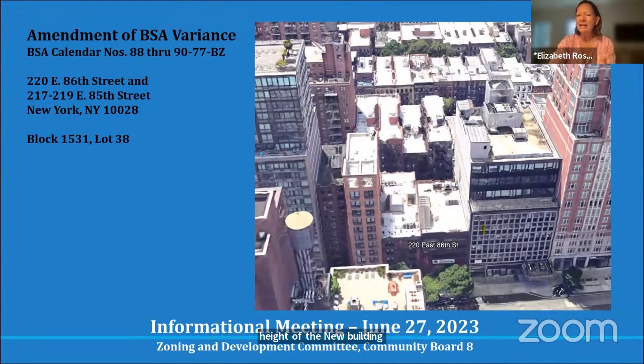How does a cantilever, which will only occur above the height of 220 East 86th Street and would not touch 220 East 86th Street, how does the zoning regulation recognize that as 222 East 86th Street having greater width, greater street front width than its 34 feet?